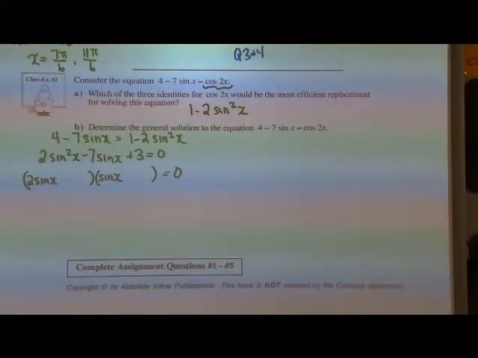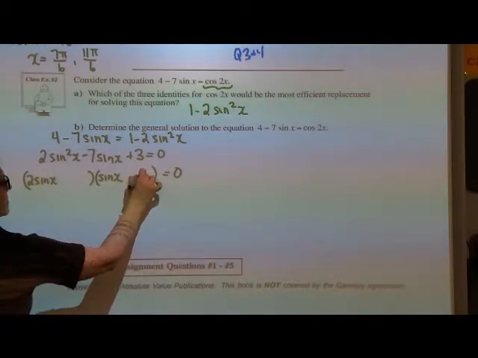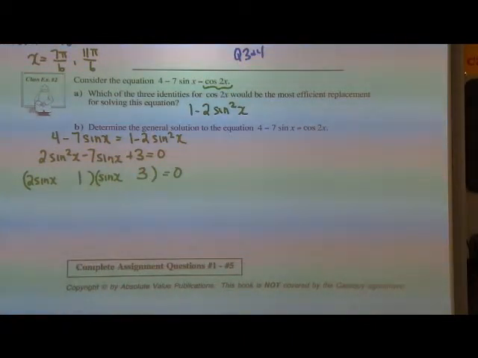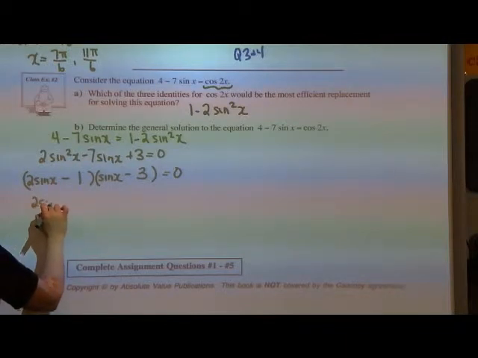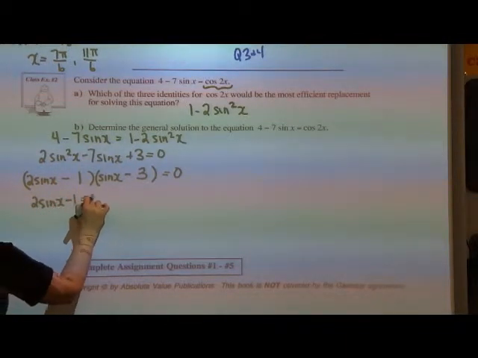How do I get 3? 3 times 1. Now I have to figure out where do I put the 3 and where do I put the 1? So I'll get the 6 and 1. How do I make it a negative 7? They're both negative. Make these both negative. Good. Okay? So now I have 2 sin x minus 1 equals 0.